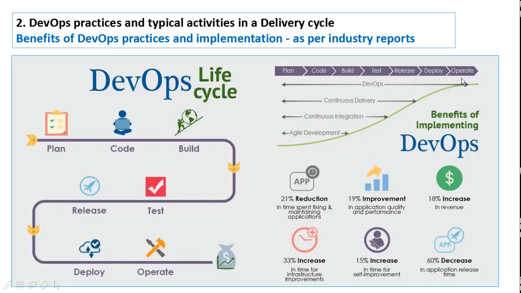So if you see the DevOps loop: plan, code, build, test, release, deploy, operate, and on top of these there is a continuous feedback loop. So that's all. These are the industry reports from the IT sector, and with this an organization can get benefits.